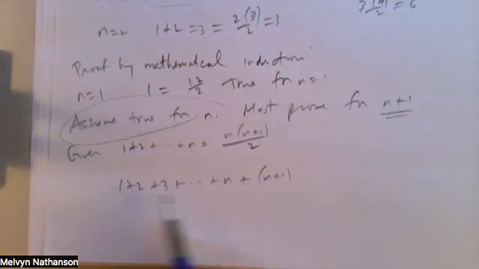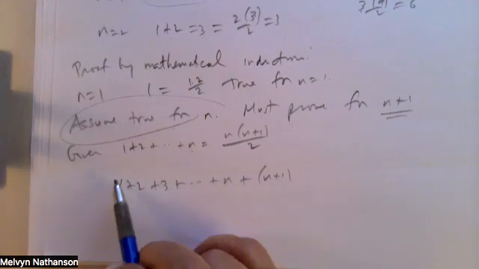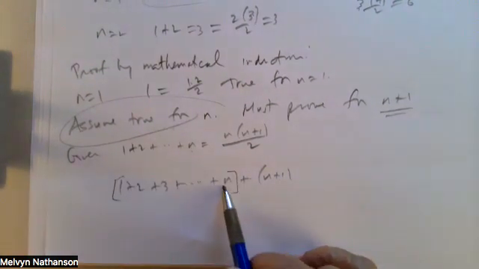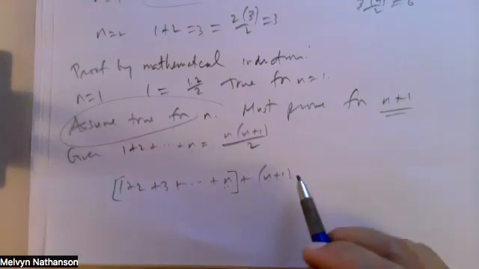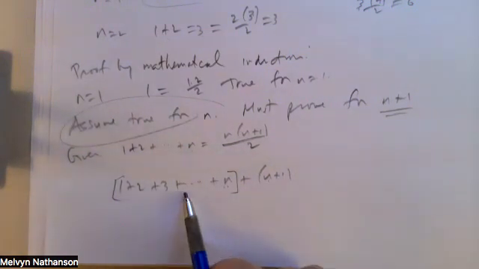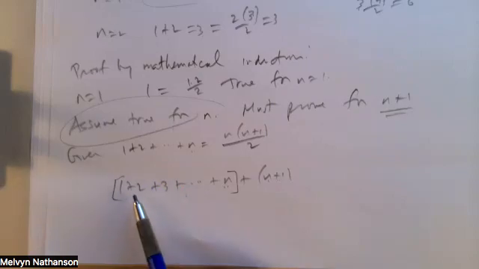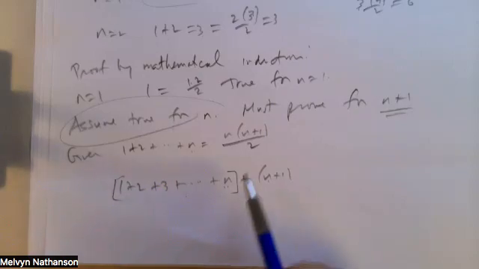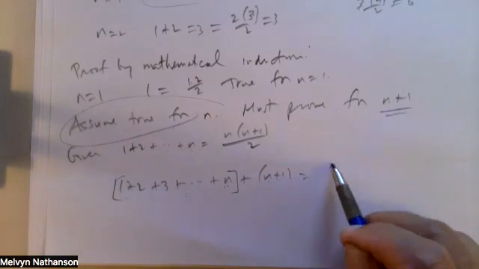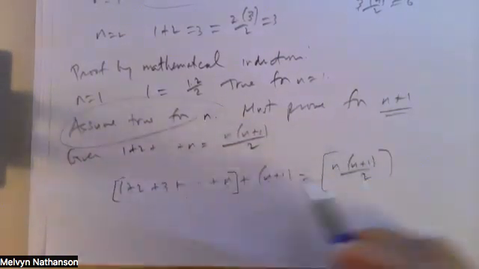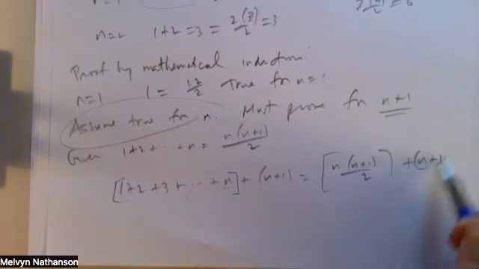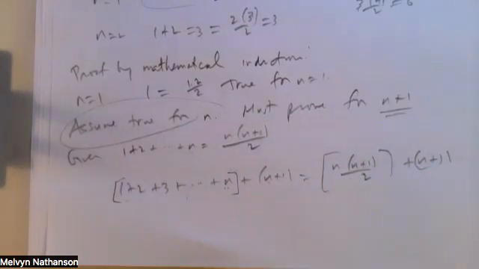But the sum of the numbers from 1 up to n plus 1 is the sum of the numbers from 1 to n, plus n plus 1. And by the induction assumption, the sum of the numbers from 1 to n is n times n plus 1 over 2. And I'm adding n plus 1 to that. So this plus this.